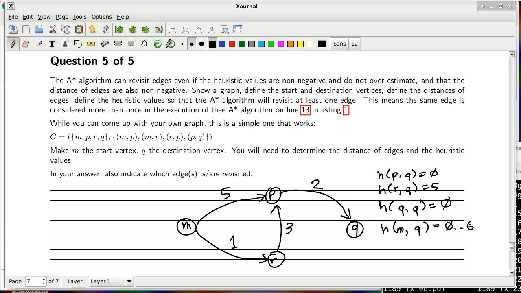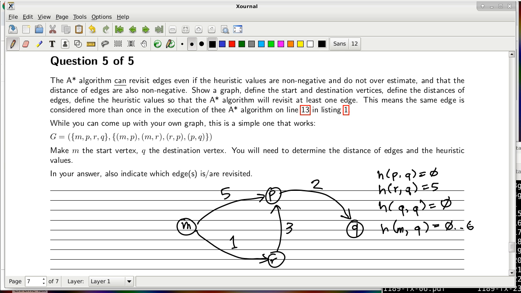So it's going to choose R from Q, right? And look at all the incoming edges into R. There's only one incoming edge to R, which is from M to R, right? So it would then find that we have 1 plus 5 as an alternative to the current L value of 7. So it's going to update the L value of M the second time.